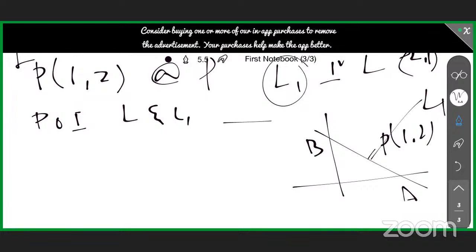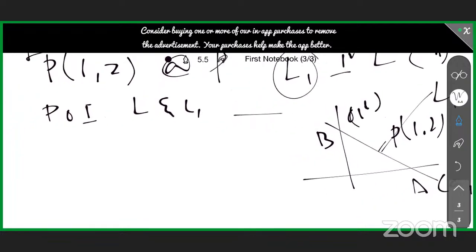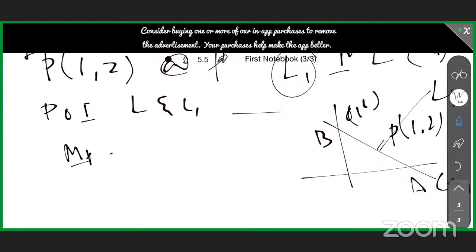So I'll take the intercepts as (A, 0) and (0, B). Therefore, by the midpoint theorem, the midpoint is (A/2, B/2).